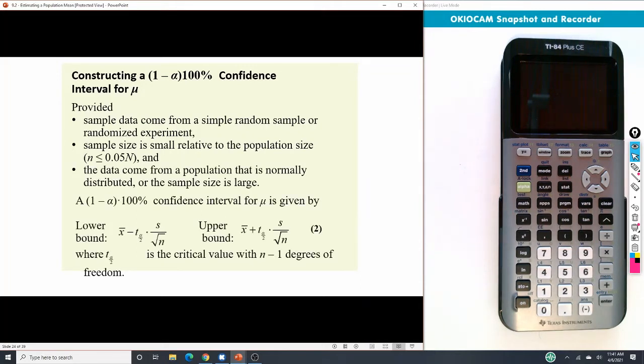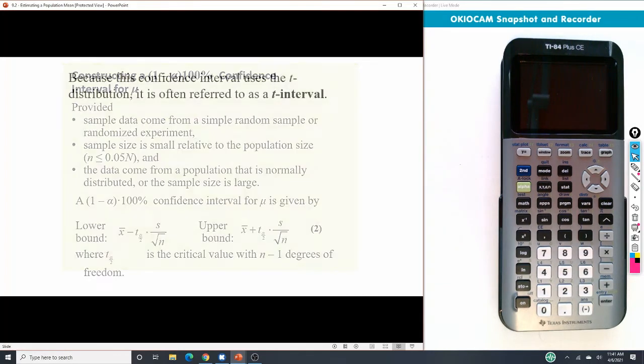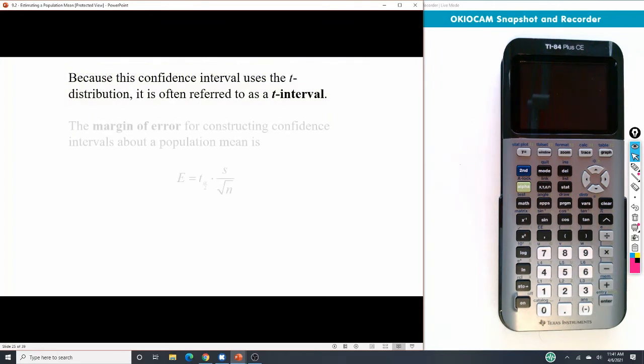Okay, and so then we would have our lower bound and upper bound. So these follow very similar to what we've looked at before on those pieces, but we're going to look at how the calculator will do that for us. Okay. All right, and then our margin of error again is kind of that second piece of the upper and lower bounds for those. Okay.